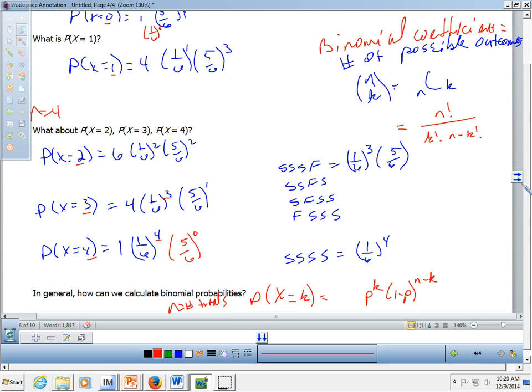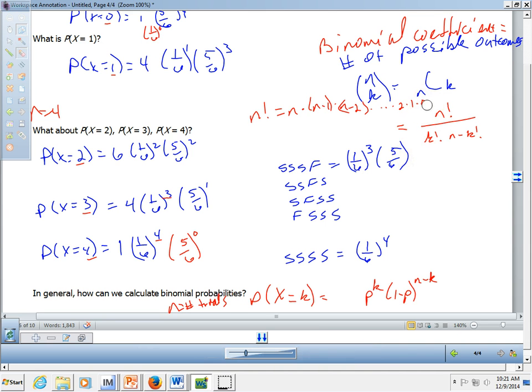I'll show you how that works once, and then I'm going to show you in your calculator how to get that, and then we're going to be done with it, okay? You have to remember what factorial means. Factorial means, if I do n factorial, that basically means I take n times 1 less n times 2 less n times, and keep going until I get down to 2 times 1.